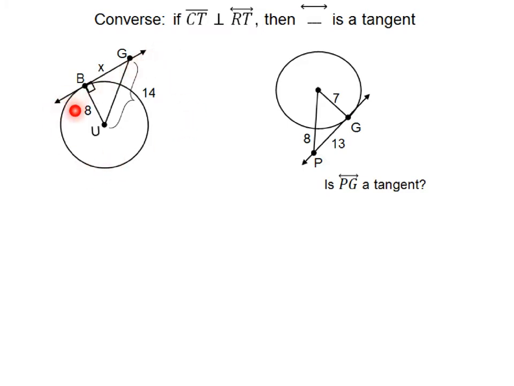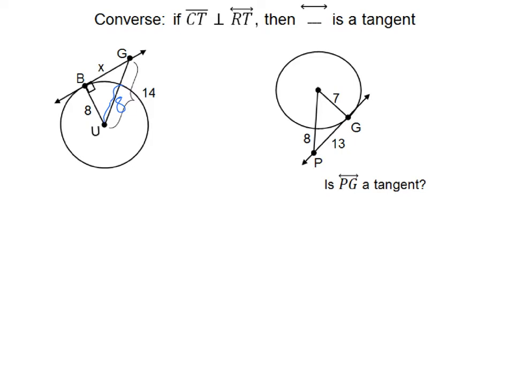I can see I have the tangent BG, and I see that my radius is UB. All right, and I see I have not just a radius here, but it's an extension of the radius to connect to the tangent. So one thing I can note is that this little piece right here, from here to here, would be 8, because it is a radius.